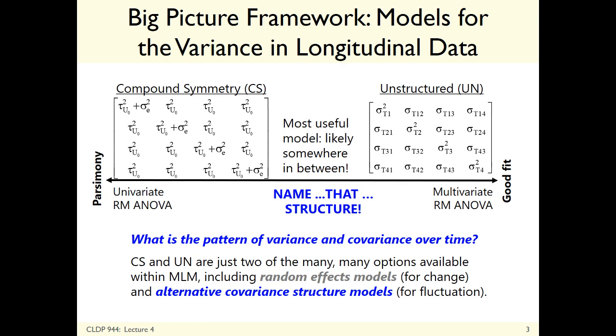Everything is nested in unstructured. So if I compare CSH to unstructured, I'm up to 5 parameters in it. I'm up to 10 for unstructured. If I do a significance test and it comes up significant, what does that mean? Which fits better? Unstructured. What if it comes up non-significant?